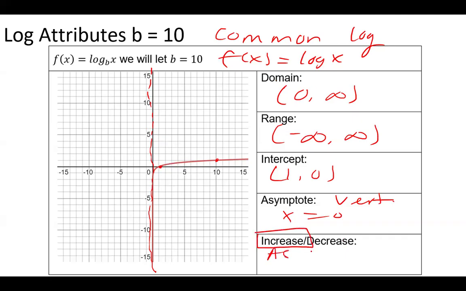Increasing, meaning as x goes to positive infinity, f of x is also going towards positive infinity. And no matter what the base is, these properties remain the same. Does that make sense? Okay.